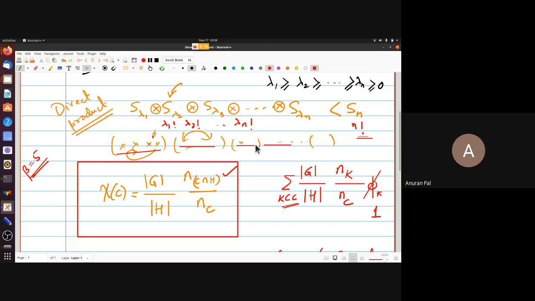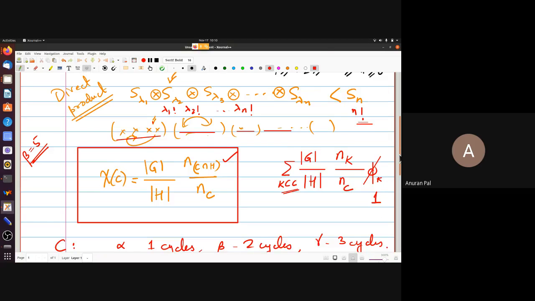But such an element will, of course, not be in the direct product set. The direct product only involves the first lambda 1 being permuted, the next lambda 2, the next lambda 3, and so on. So beta 2 should have the value 2, and then we will have the S2 cross S2 structure, which essentially means there are 5 2 cycles.